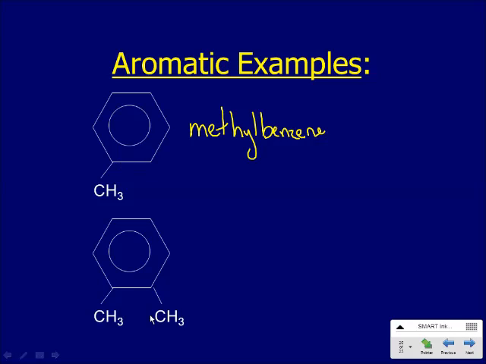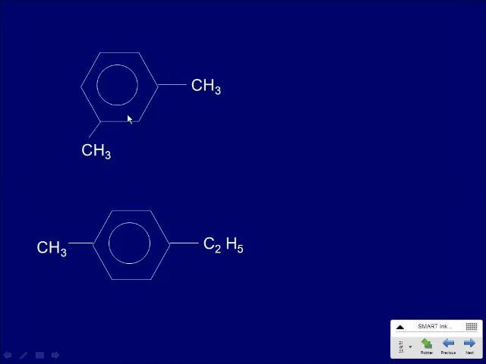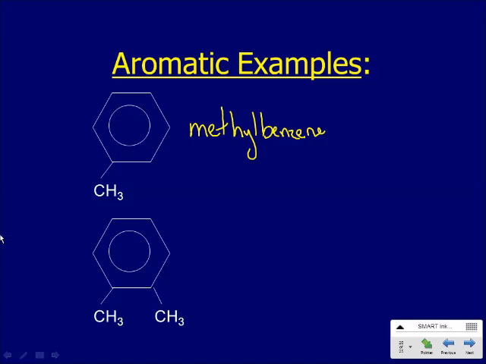Now for the second one, we've got two methyls that are right beside each other. Now let me just explain to you the concept I'm going to teach you at this point. If I have two branches, they can either be beside each other or they can be separated by one space, or they can be on opposite sides of each other. Those are the only three options if you have two branches. So in naming this, there's actually two naming styles.